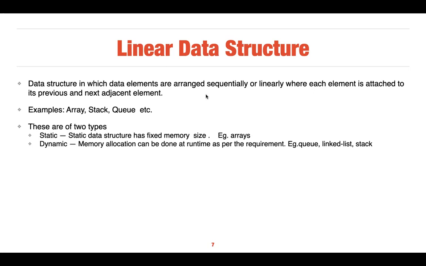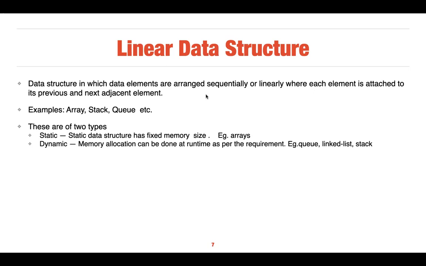On the basis of memory size allocation initially, we can divide them into static and dynamic data structures. Static data structures are those in which the memory allocation is fixed. An example is an array. If we declare an array, initially we provide a size.